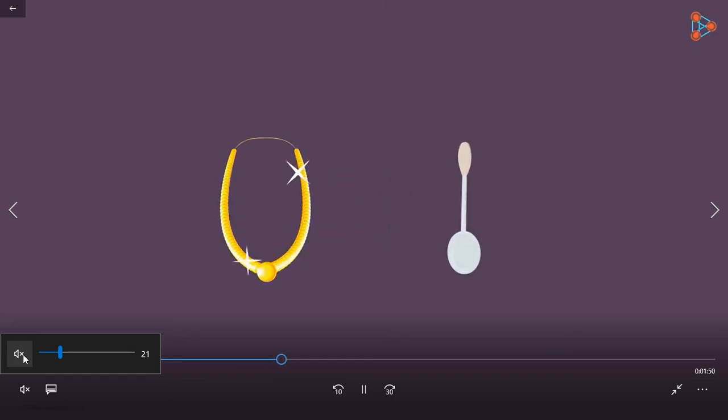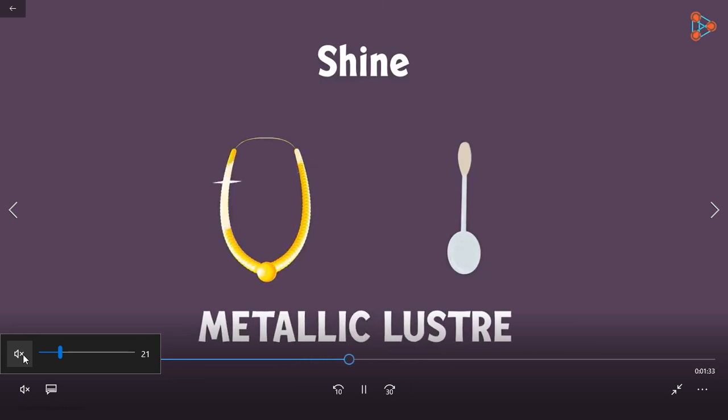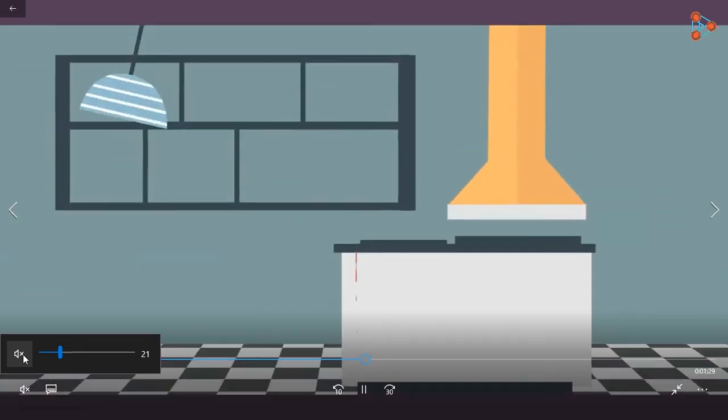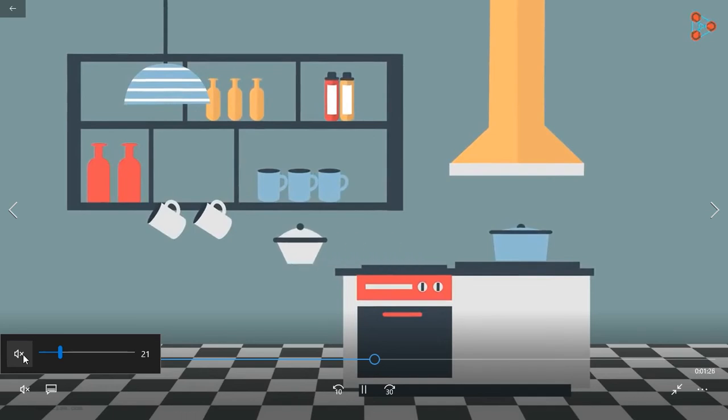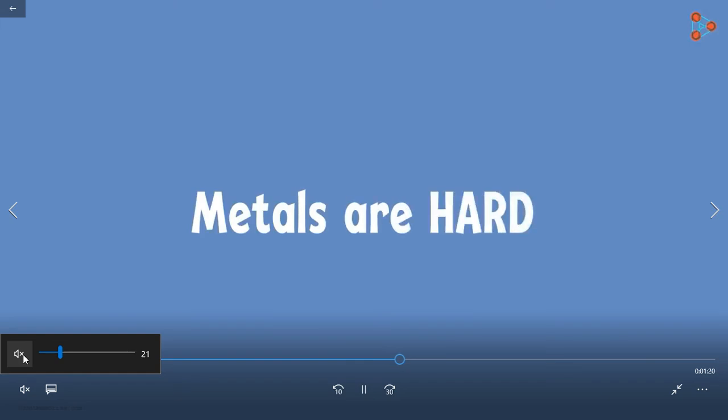Next are cooking utensils. Metals have a most important property, shining. Next is sewing, cooking utensils, and different machines.